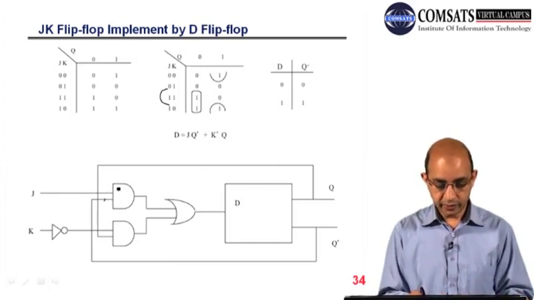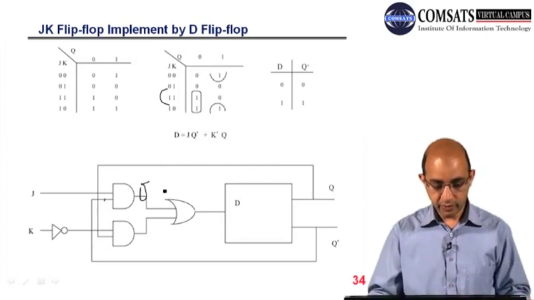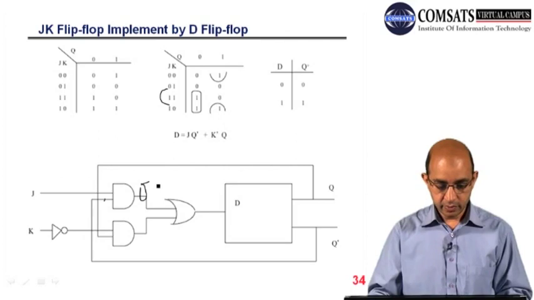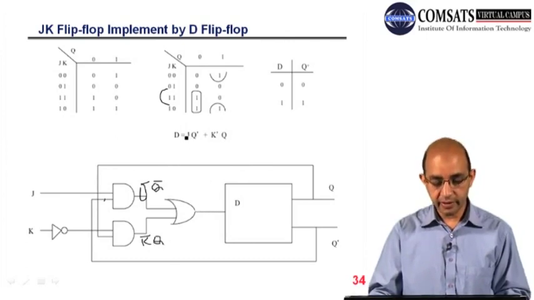So here we have J, here we have Q bar, and here we have K bar and Q. Then that will be ORed here, and this is the D. And here we have J and K bar.